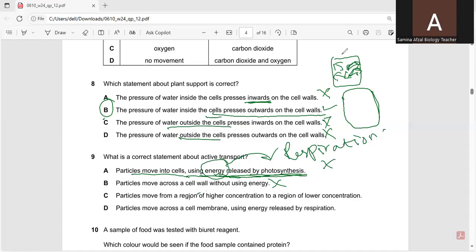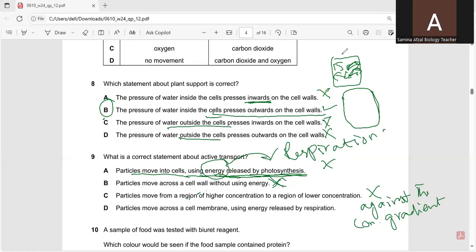Next, particles move across the cell wall from a region of higher concentration to a region of lower concentration. So this movement is down the concentration gradient. You can say active transport is against the concentration gradient.